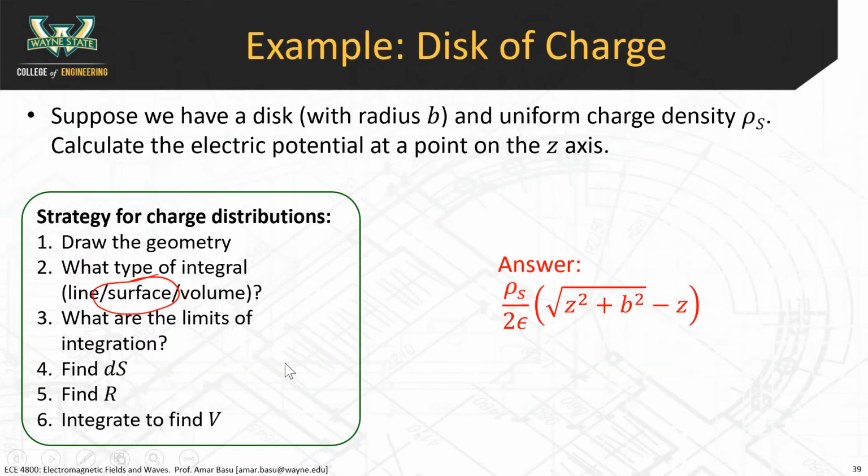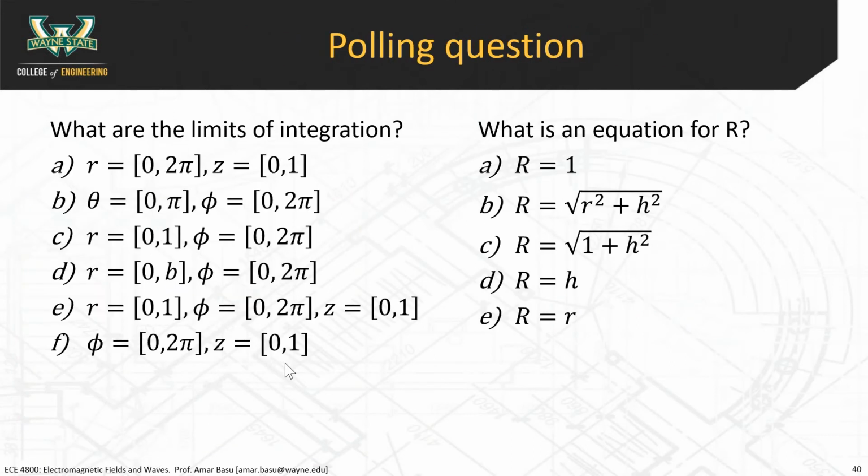So I'm just going to make this a polling question. First question is, what are the limits of integration? And I'm just going to put that poll up here. So there's several choices. I need to actually make a custom poll here.